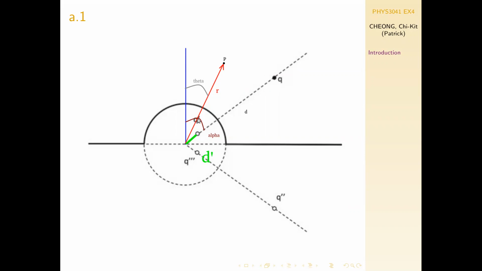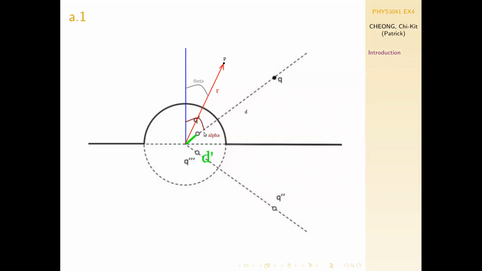The first one is denoted as Q prime, located inside this sphere. The second one is trivial: because this is an infinite ground plane conductor, all we need to do is flip the whole system through this axis. So I mirrored this point charge Q down here and denoted it as Q double prime.